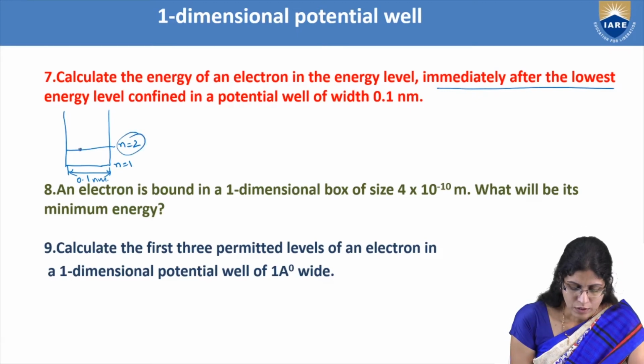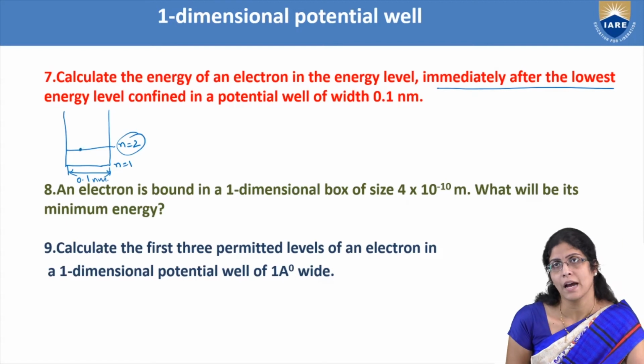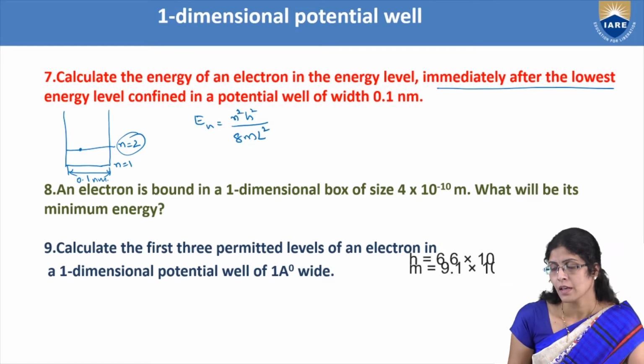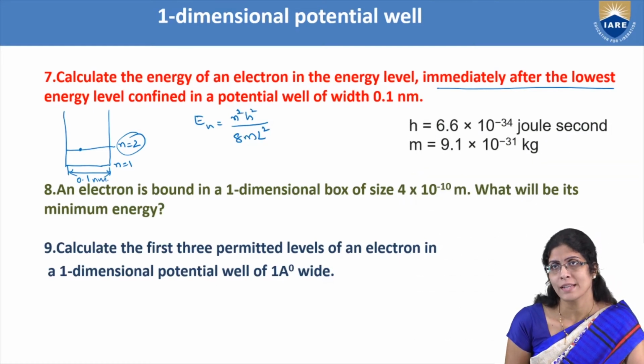So here an electron is existing, and I have to calculate the energy of this electron. We know that En is equal to n square h square by 8m L square. You know what h and m are, and you know n as 2.